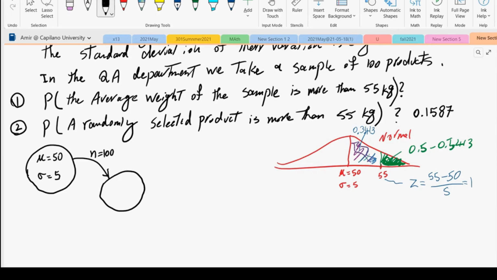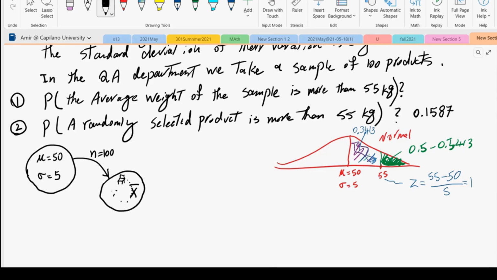So these products, let's say, what are they? Let's say they are chairs. We take the sample of 100 chairs. And then we find the average of those chairs. What is the chance that the average of these chairs is more than 55?